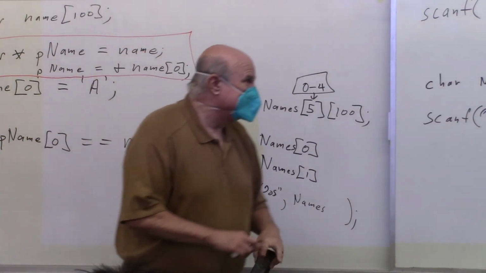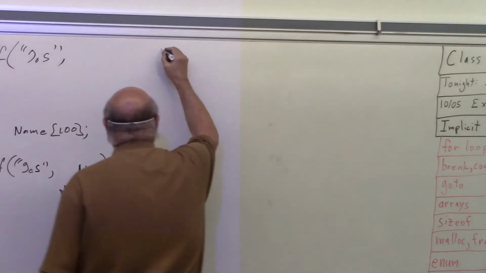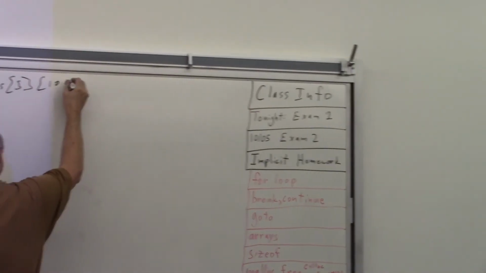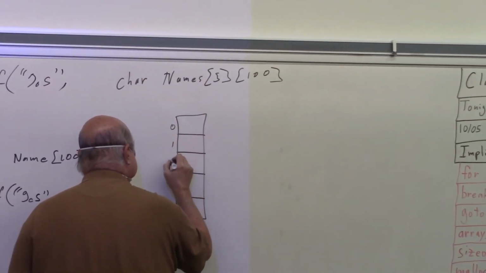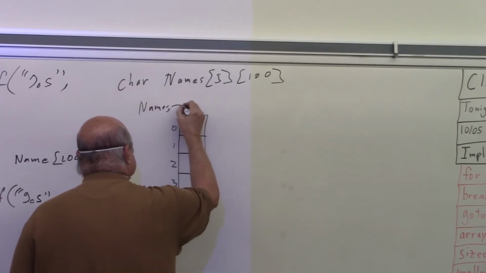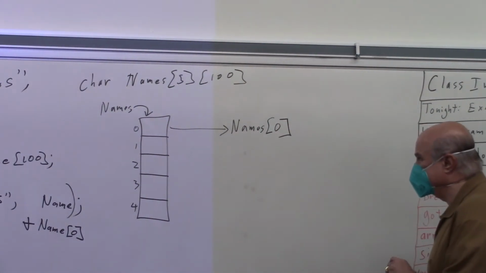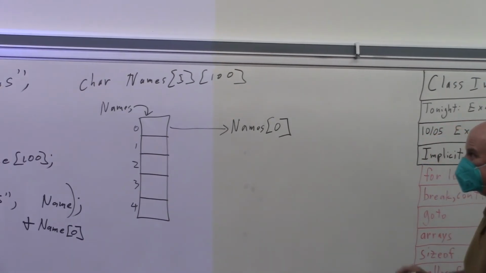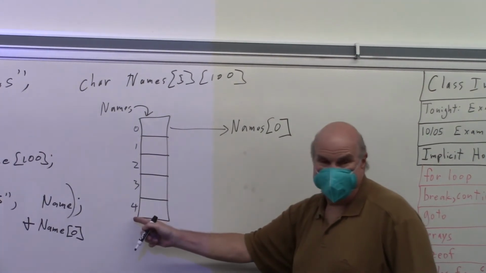Okay? Let's talk about what a two-dimensional array is. Names is a pointer to an array.